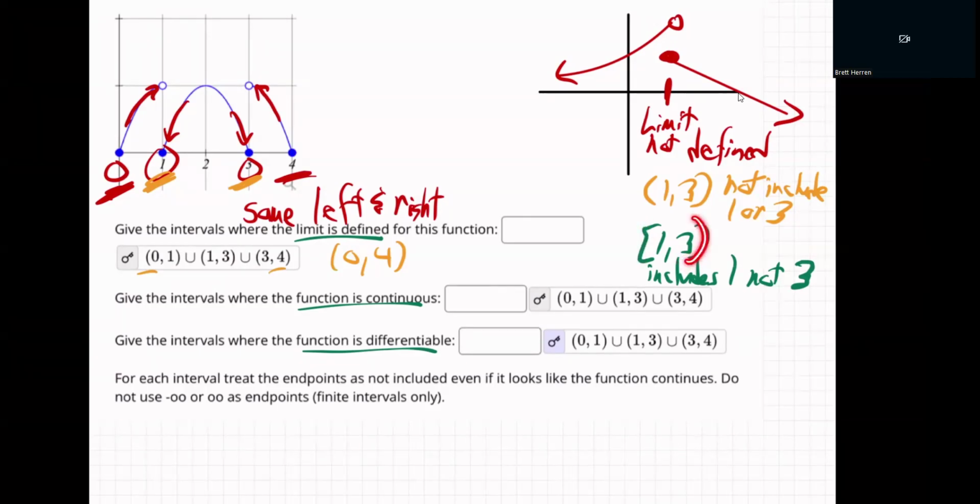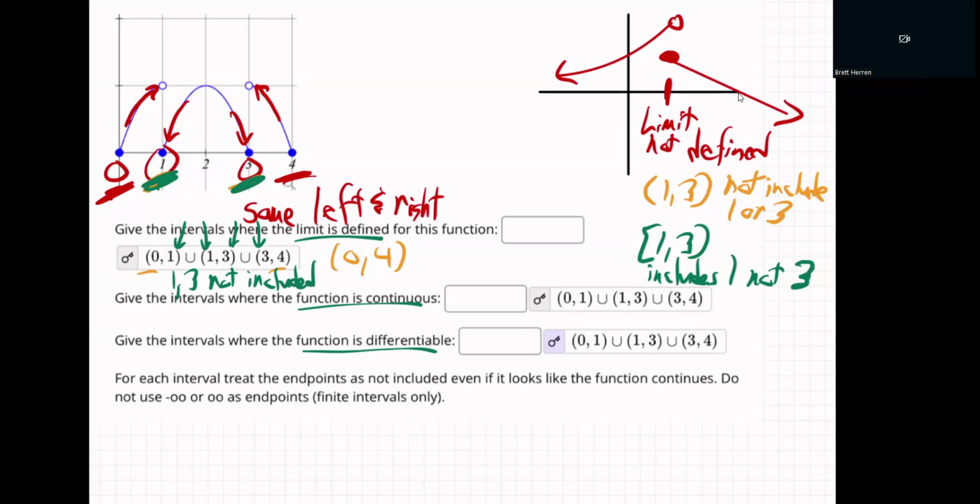You're just around it. So the point is when they put a parenthesis next to a 1 and then a parenthesis next to 1 there, 1's not actually included in either interval. So 1 and also 3, it's the same thing with 3, parenthesis on the 3, parenthesis on 3. 1 and 3 are not included. When they write it that way, they specifically are saying no 1 and no 3 because at 1 and 3, the limit is not defined.